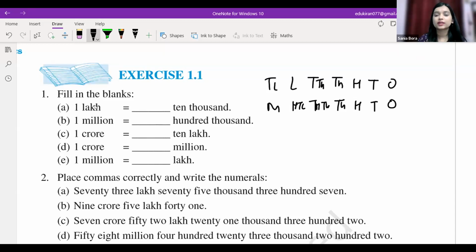So over here it is 1 lakh. I write 1 lakh like this. So it is equal to how many 10,000? Tell me. 100,000. Yes. So over here you will write 10. Clear? Okay, now next one, 1 million.